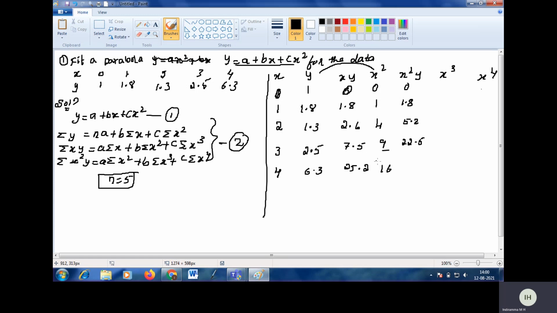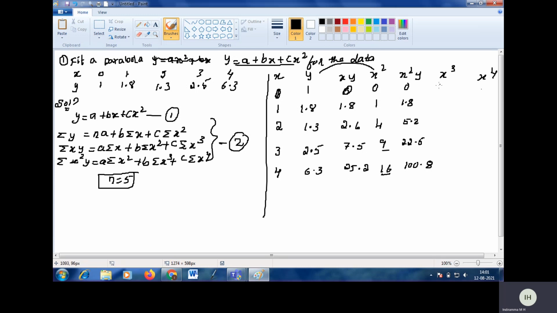Next 16 into 6.3 is 100.8. Okay. So this is what we got for x square y.